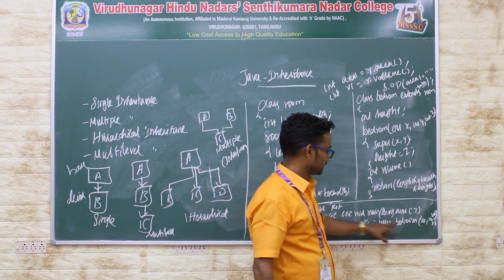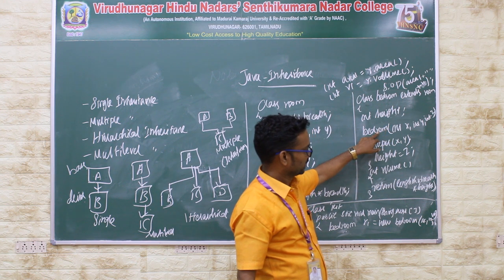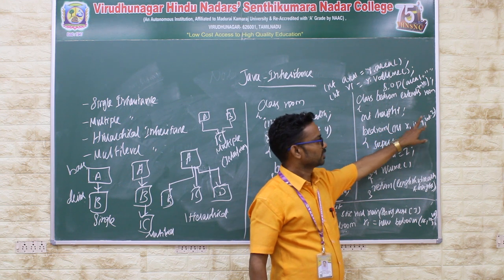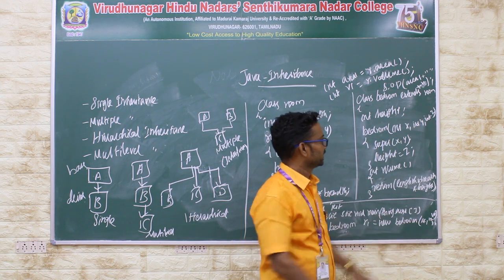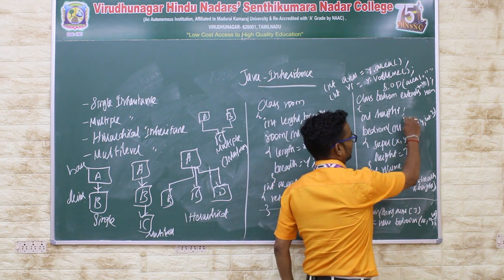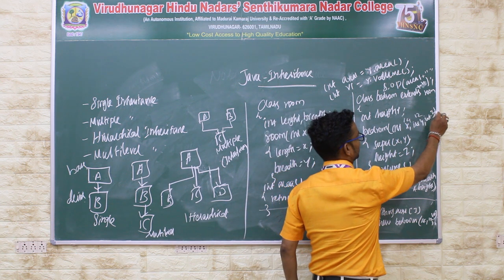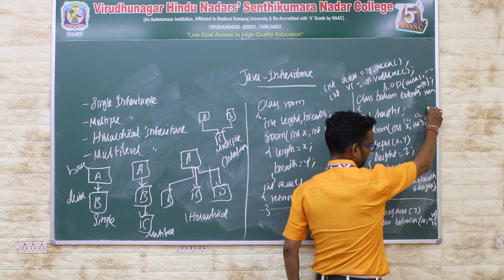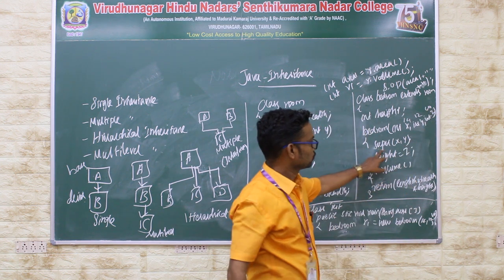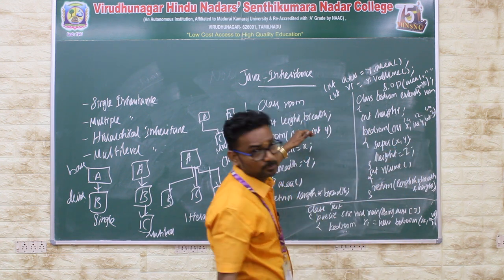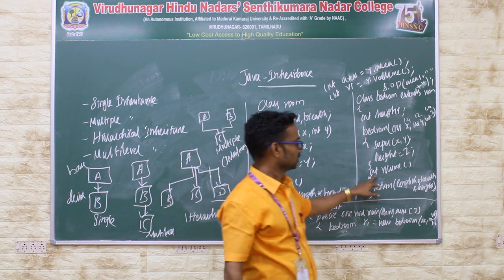The BedRoom constructor is called with int x, int y, int z: 14, 12, 10. 14 is assigned to x, 12 to y, and 10 to z. The super(x, y) call invokes the base class constructor.